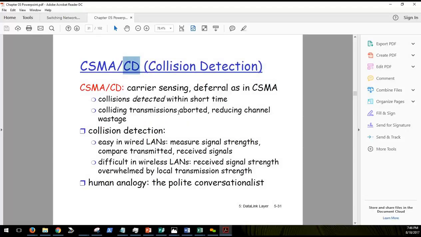If two nodes attempt to transmit at the same time, it's a collision, and then the nodes have to retransmit at a later point in time.